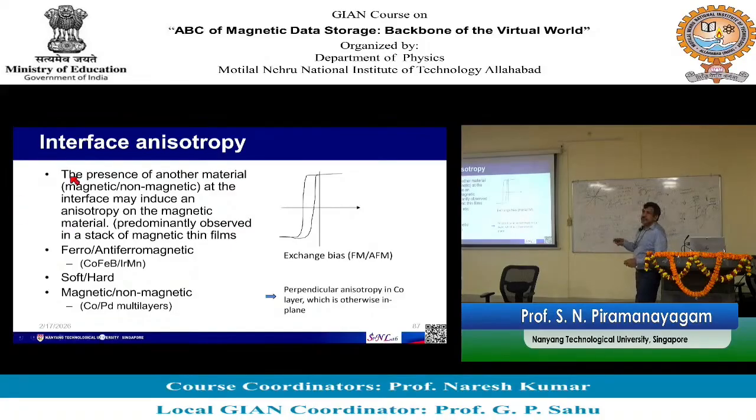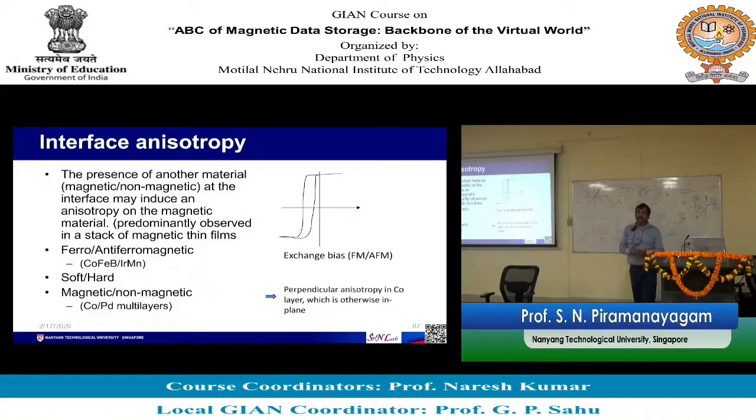Okay, so the third anisotropy that I want to introduce to you is interface anisotropy. Here, this anisotropy comes when you bring certain magnetic materials like cobalt together with some non-magnetic material or antiferromagnetic material and so on. For example, I bring this cobalt in proximity to platinum, or the cobalt in proximity to some antiferromagnetic material like iridium manganese.